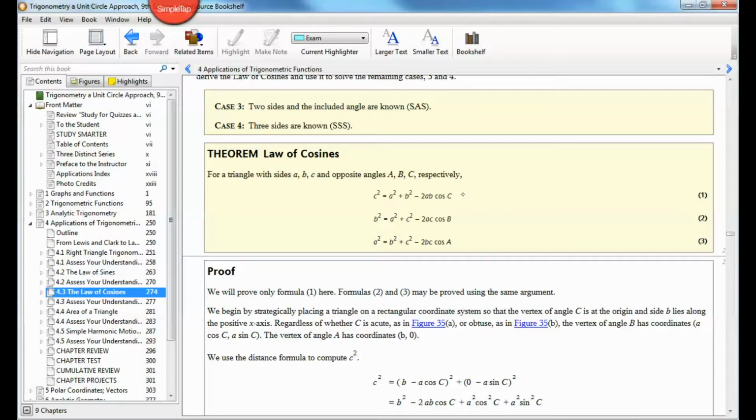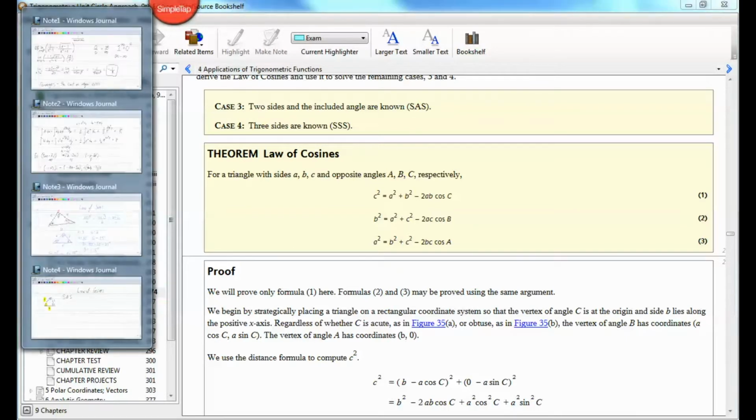Okay? And so with our generic triangle, we can solve for side A, side B, or side C by just plugging the numbers into these formulas.